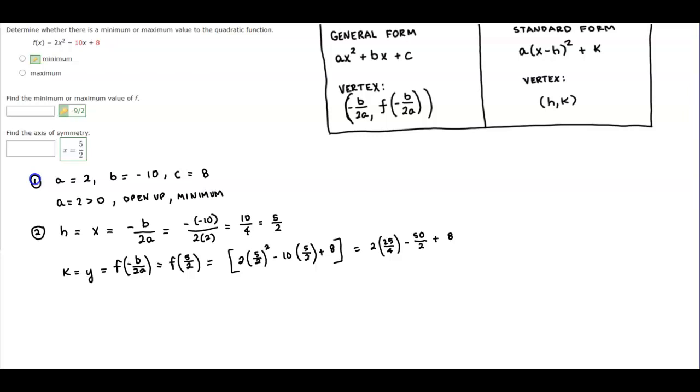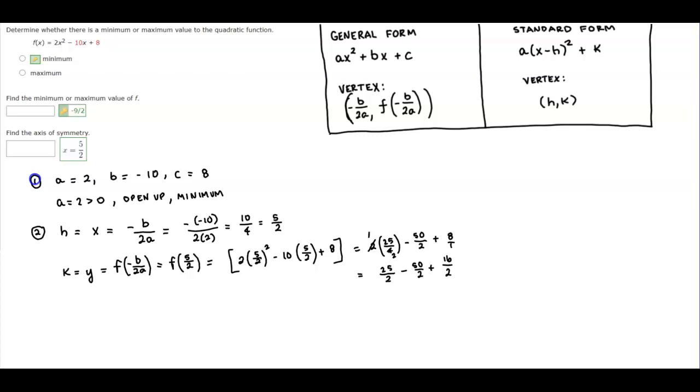All right, so what we're going to have to do is find a common denominator. If we look at the next step here, we can reduce the 2 and that 4. So we have 25 over 2 minus 50 over 2. And then if we want to make this denominator a 2, then this becomes 16, so that's 16 over 2.